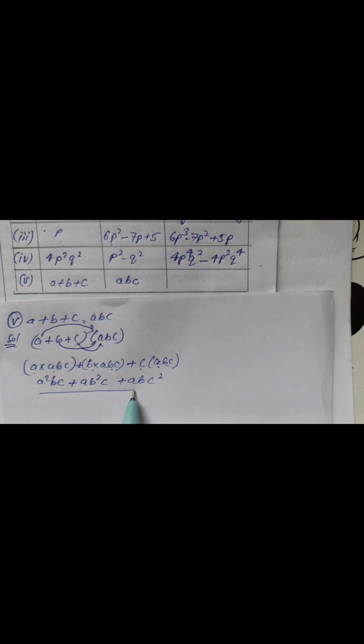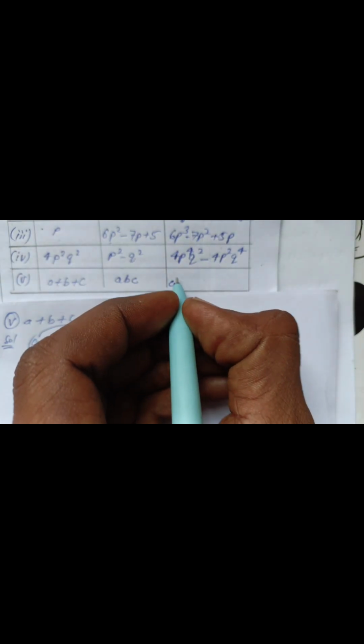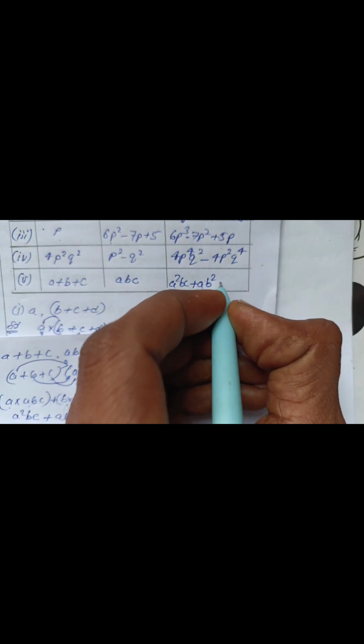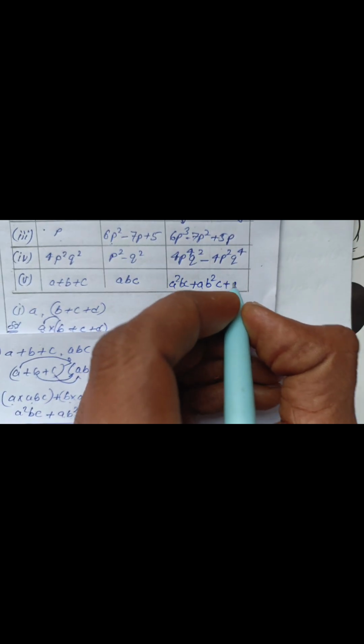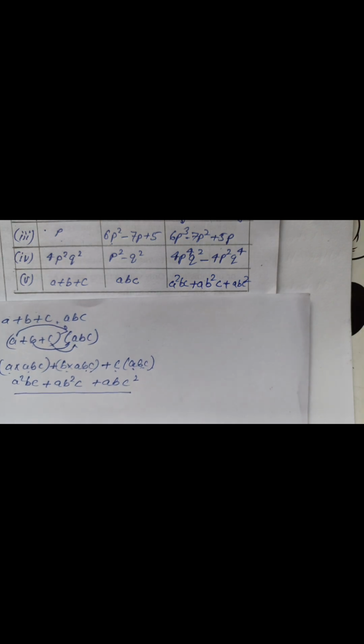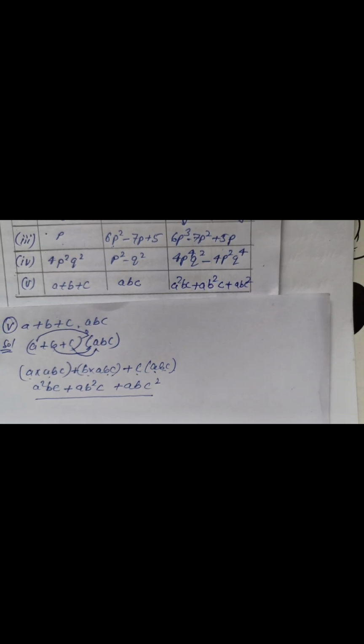So this is the answer that we can write here: a square bc plus ab square c plus abc square. So the final answer is a square bc plus ab square c plus abc square.